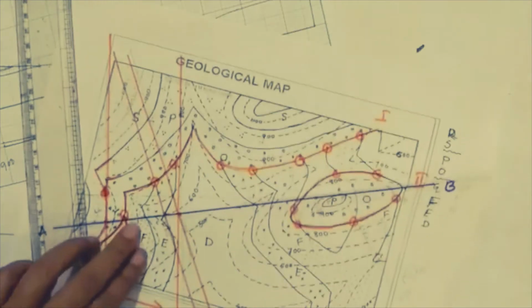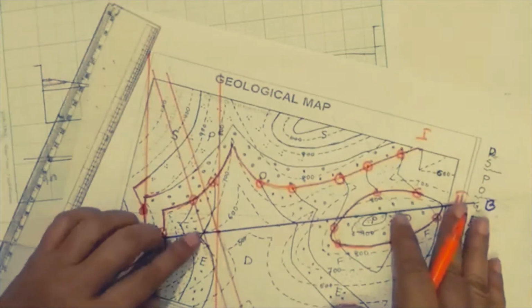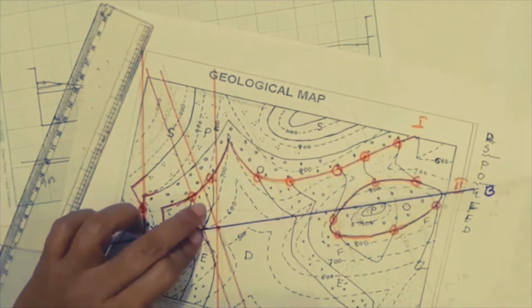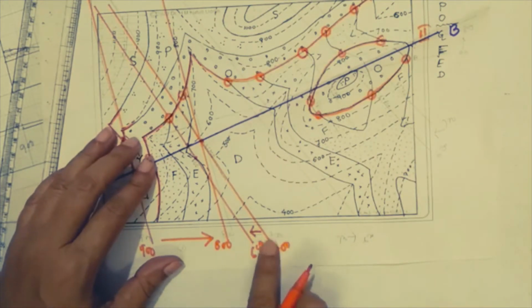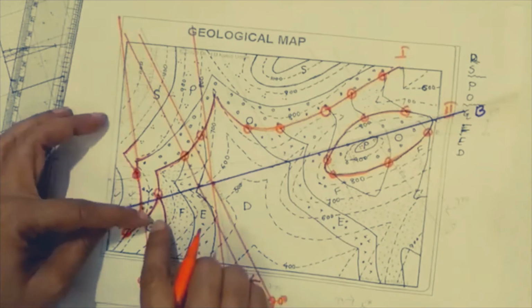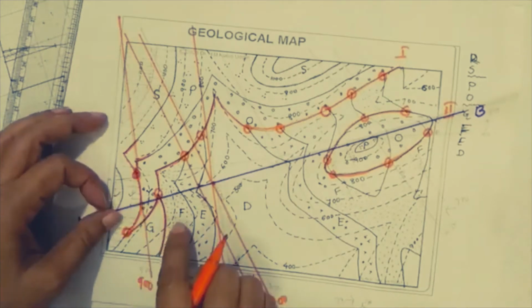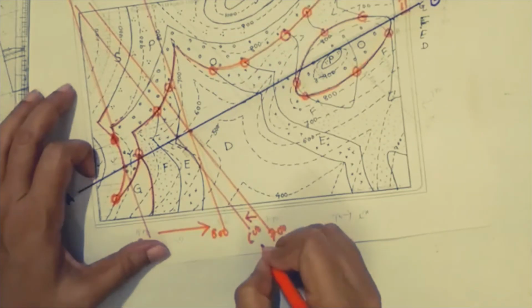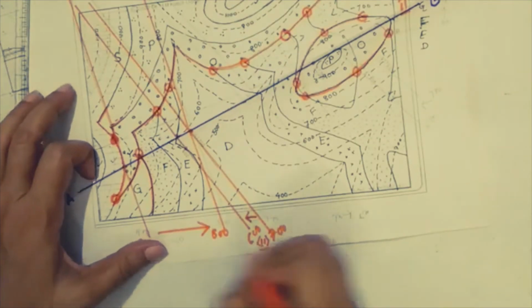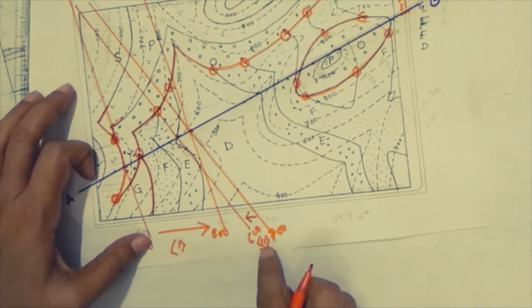This is the value of 600 feet, this is the value of 700 feet, so obviously the dip will be 700 to 600. For plotting these beds G, F, E, we have to follow the second angle. This is the first angle, this one is the second angle.